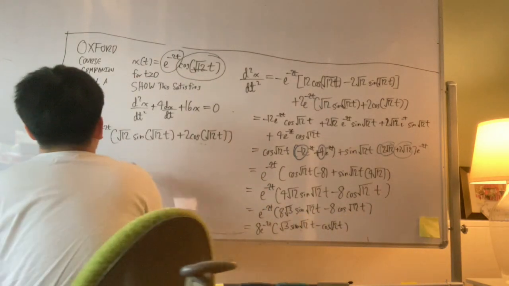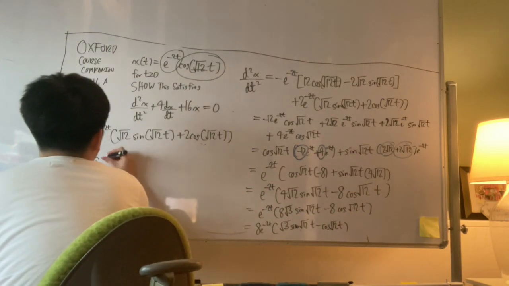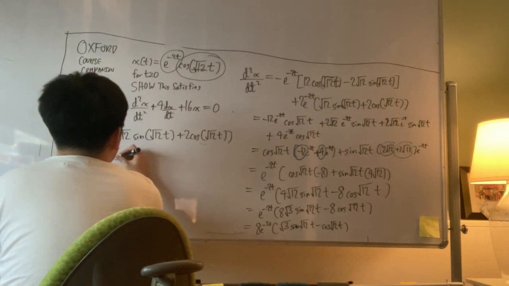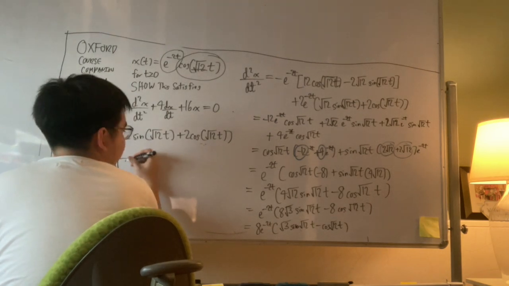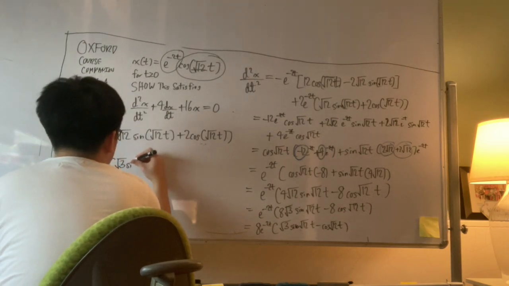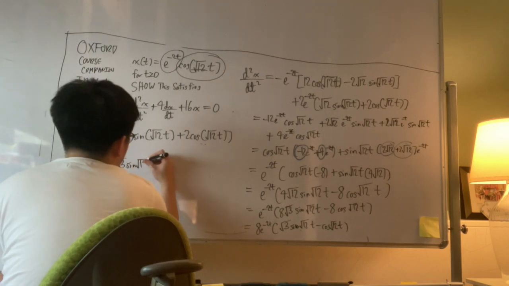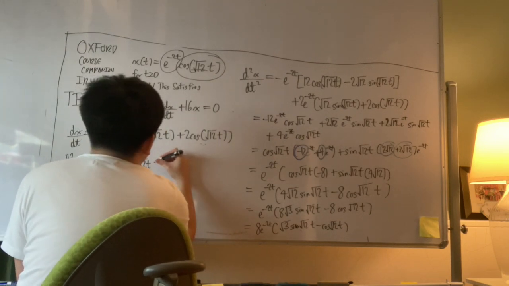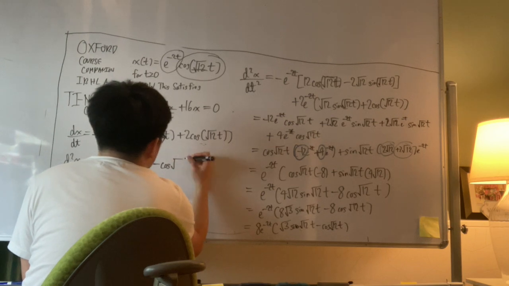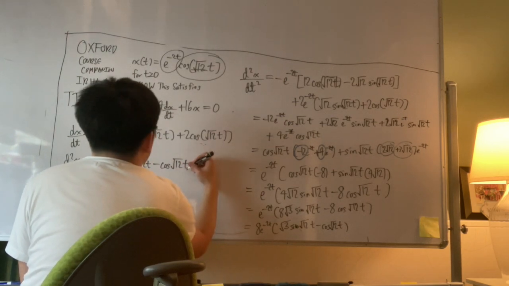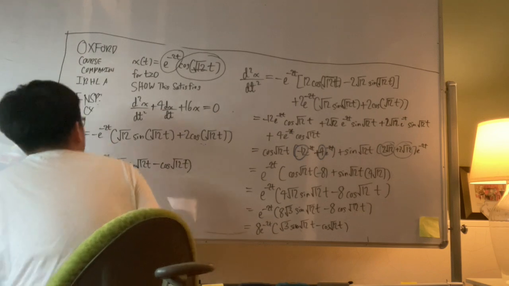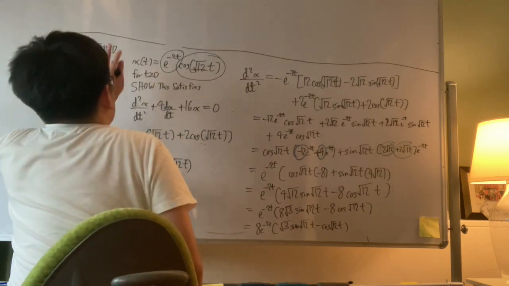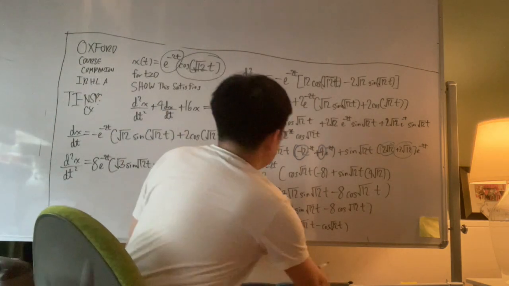And that's the final. So we got 8e^(-2t) times square root of 3 sine of square root of 12t minus cosine of square root of 12t. And then you have to put everything into here.